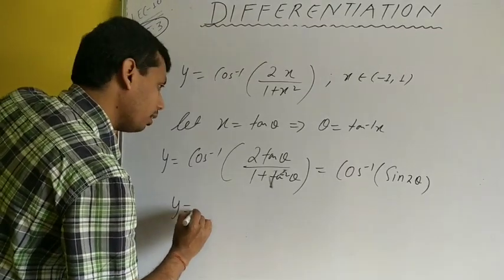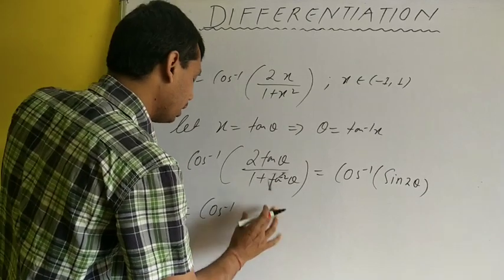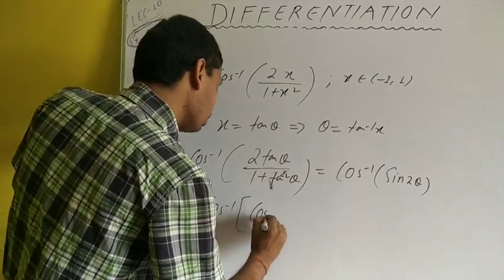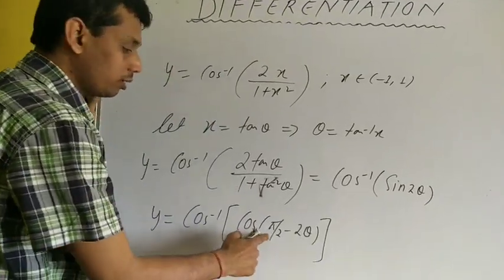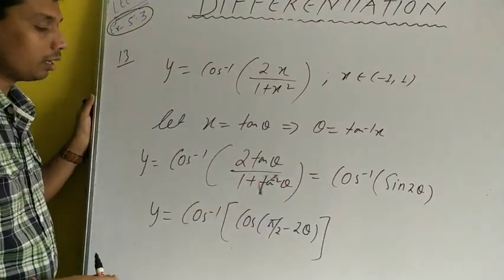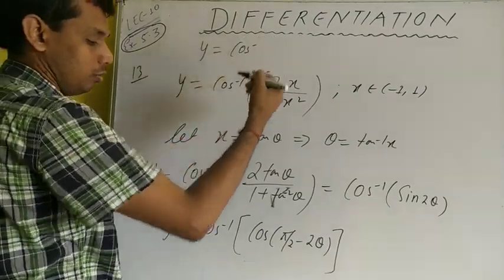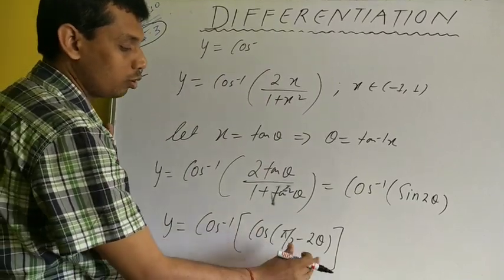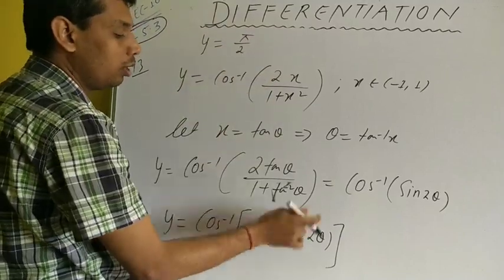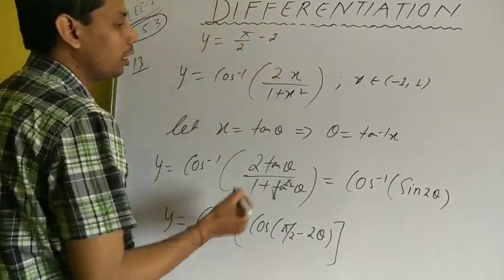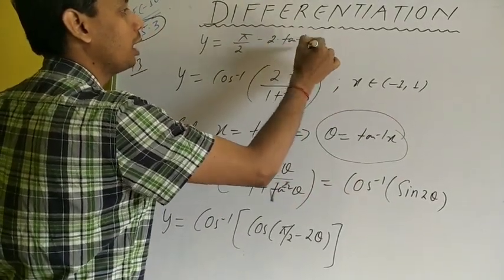So y is equal to cos inverse of sin 2 theta, which can be written as cos inverse of cos (pi by 2 minus 2 theta), as cos (90 minus theta) is equal to sin theta. Cos inverse cos x is equal to x. So y is equal to pi by 2 minus 2 into theta, and the value of theta is tan inverse x, so theta can be replaced by tan inverse x.